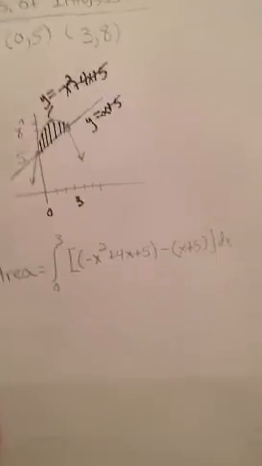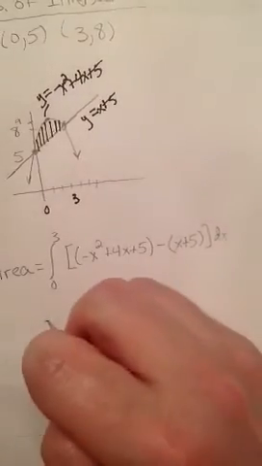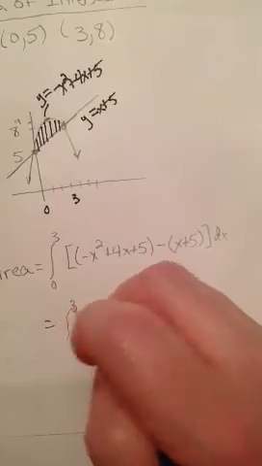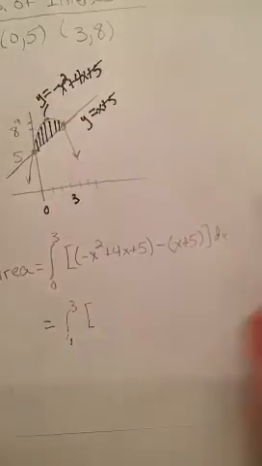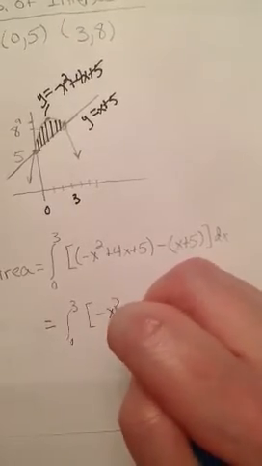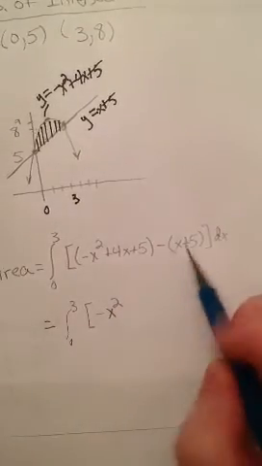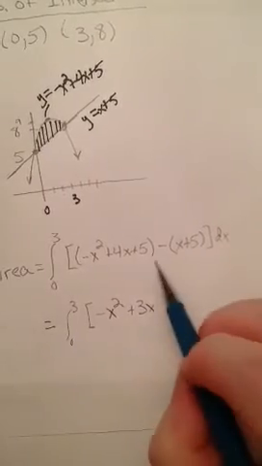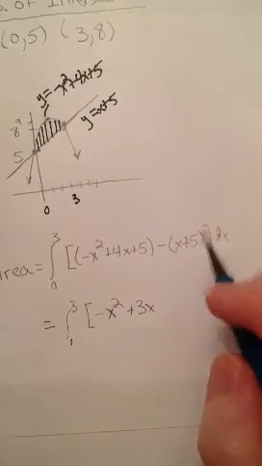And combining like terms together, negative x squared is going to stand alone. 4x minus x will go to 3x. 5 minus 5 will cancel.